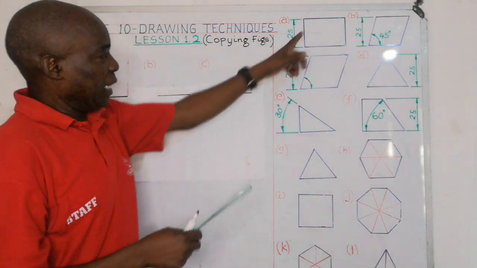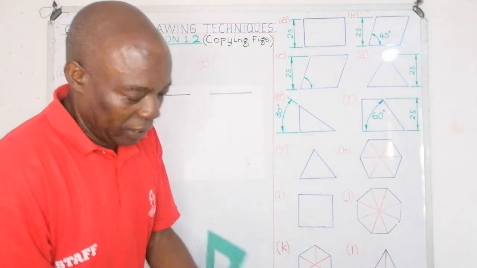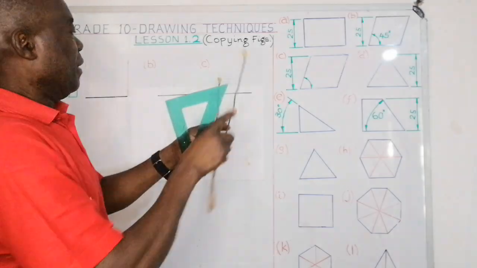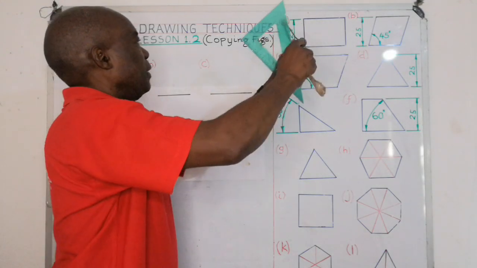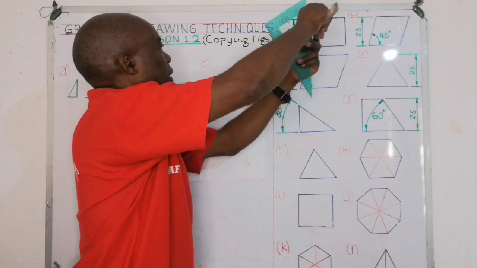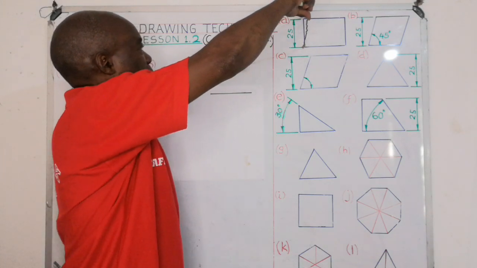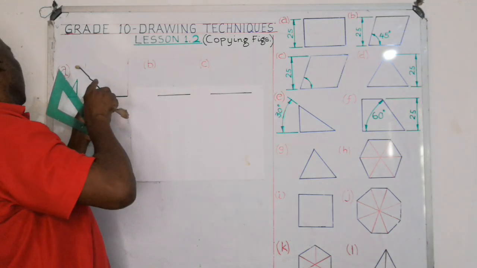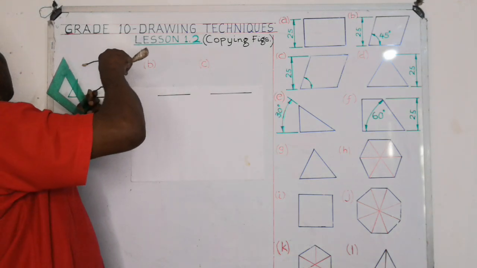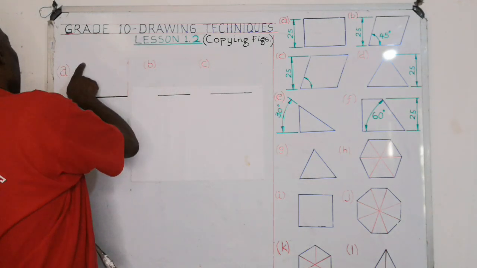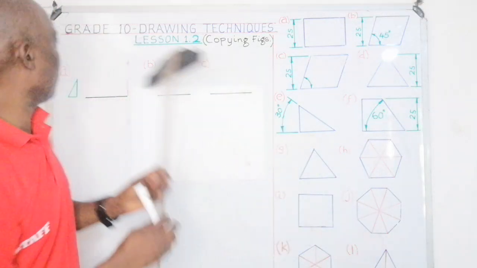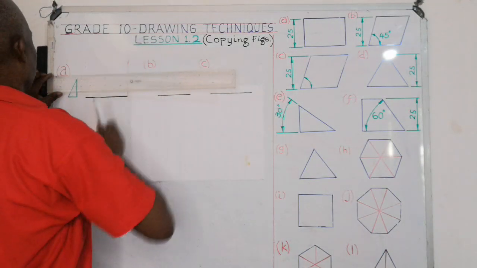But now, since that is not exactly 25 millimeters, I'll just use a pair of dividers. I'll do this to mark off this distance there, and then I mark it on one of those vertical lines. So it's somewhere there, like there. And then you now complete your drawing by outlining.